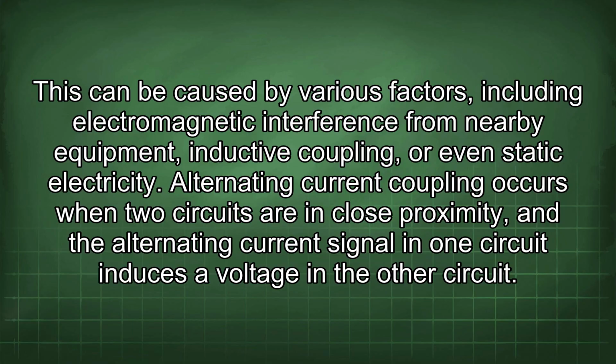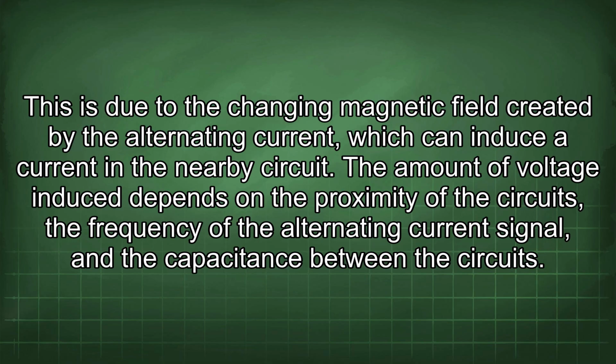Alternating current coupling occurs when two circuits are in close proximity, and the alternating current signal in one circuit induces a voltage in the other circuit. This is due to the changing magnetic field created by the alternating current, which can induce a current in the nearby circuit. The amount of voltage induced depends on the proximity of the circuits, the frequency of the alternating current signal, and the capacitance between the circuits.